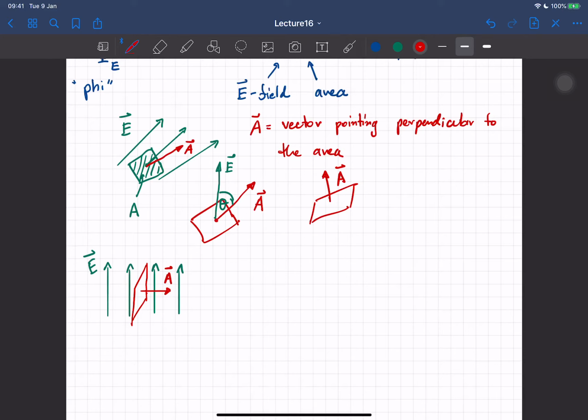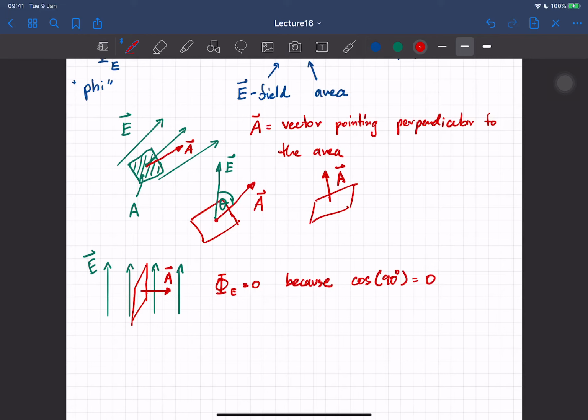So the area vector is going to point perpendicular to the surface of the paper, which is perpendicular to the electric field. So in this case, the flux is zero, because the angle between the area and the electric field is 90 degrees. So the flux is zero.